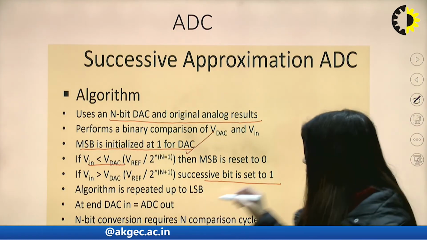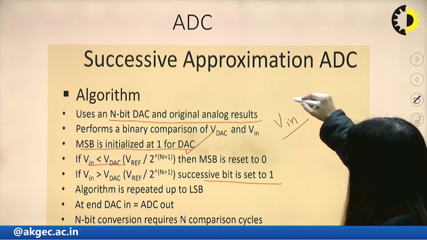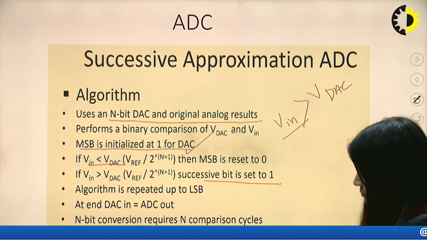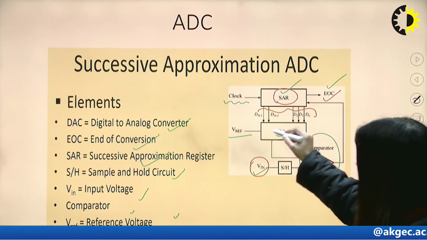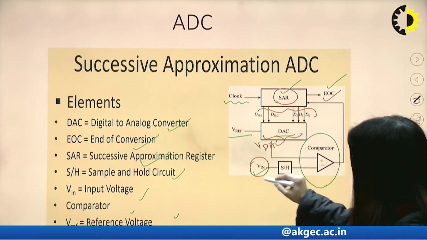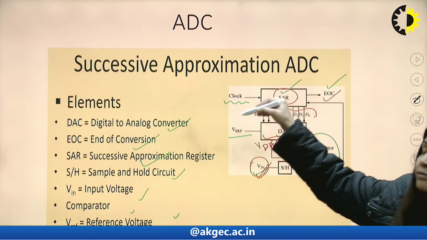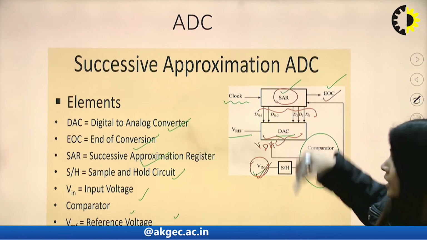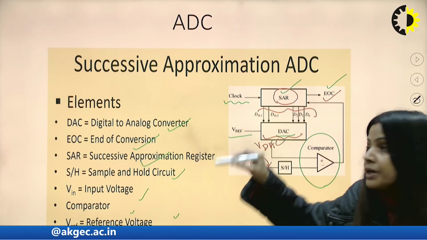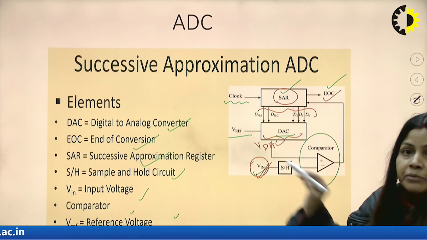So what it means is, whenever Vin is greater than VDAC, see what is happening here. We are getting some VDAC. If this value is greater, we will increase the bit here. If this is less, then we will decrease the bit here, so that again the data can be compared.